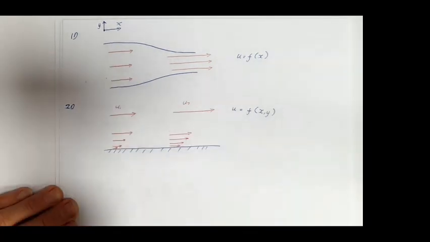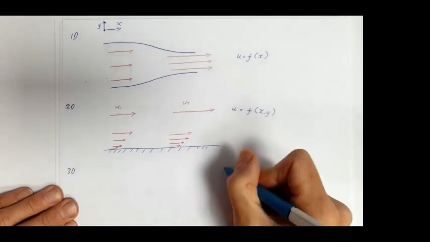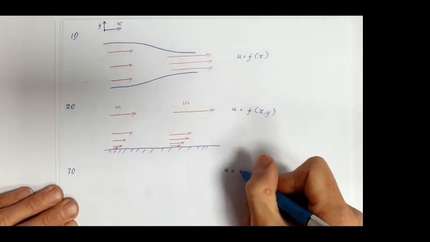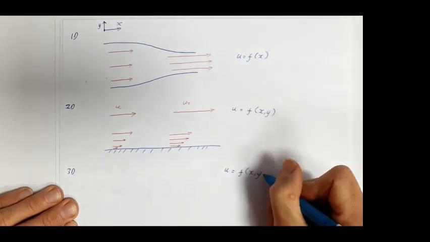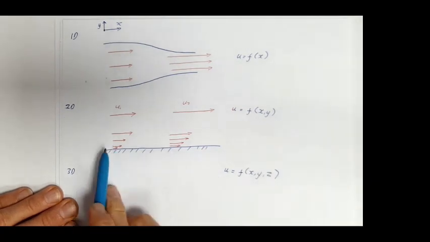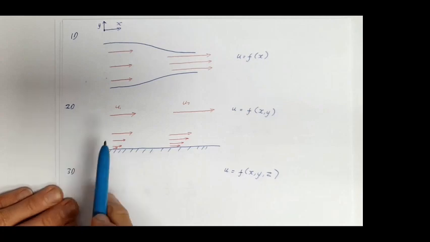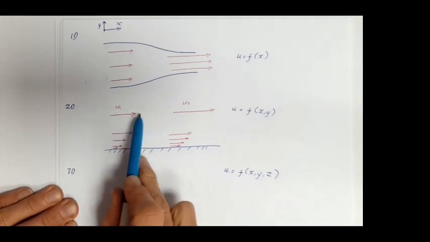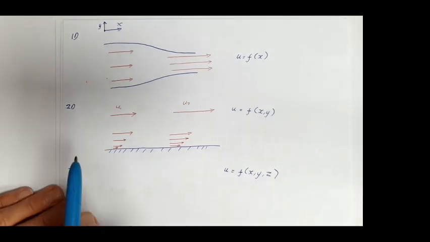And we will also get three-dimensional flow where u is a function of x, y, and z. I'm not going to attempt to draw that, but if you imagine the z axis coming out of the page, u not only changes in x and y, but it also changes in z.